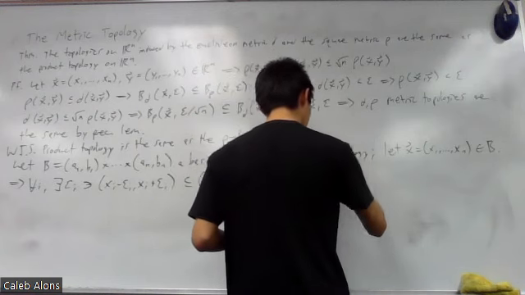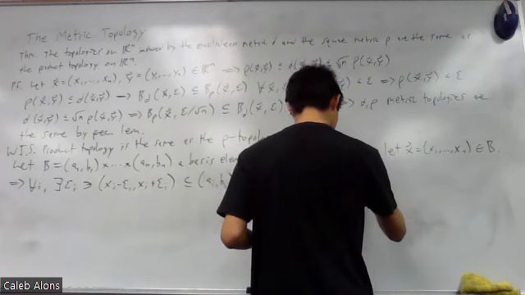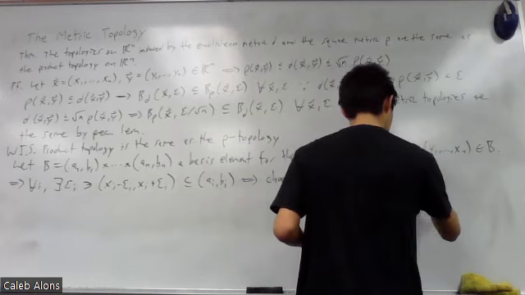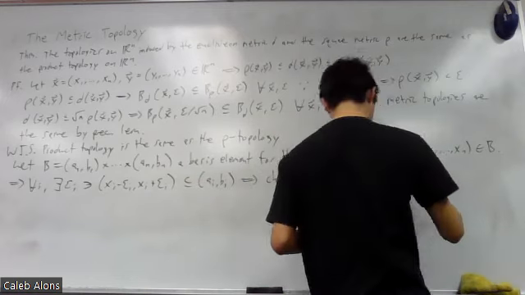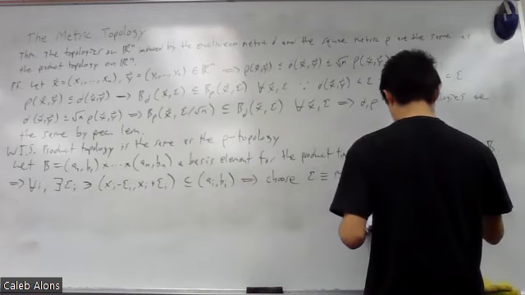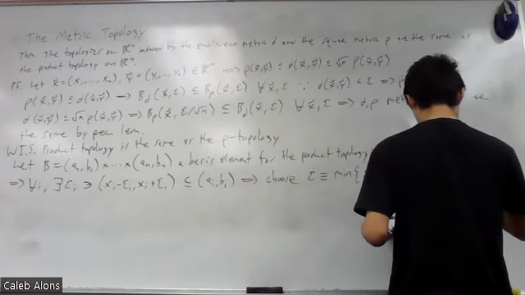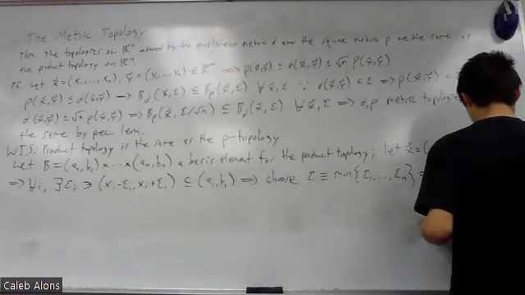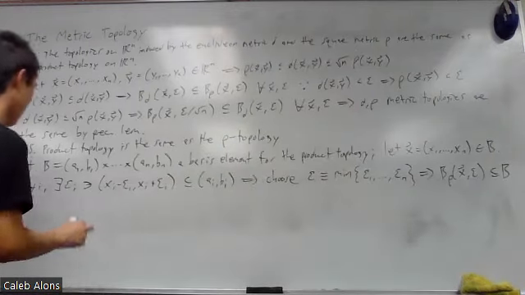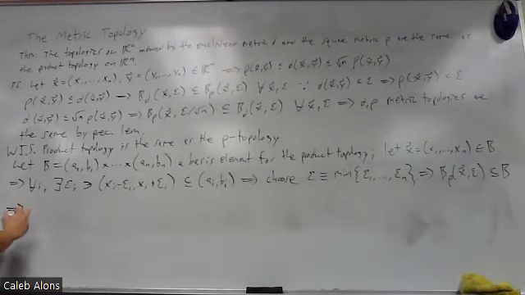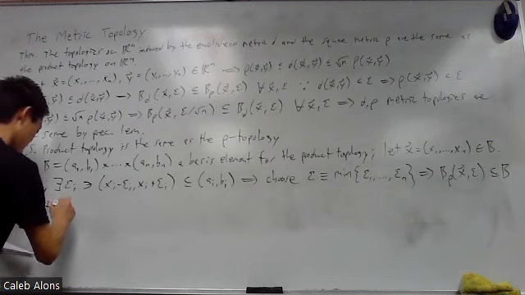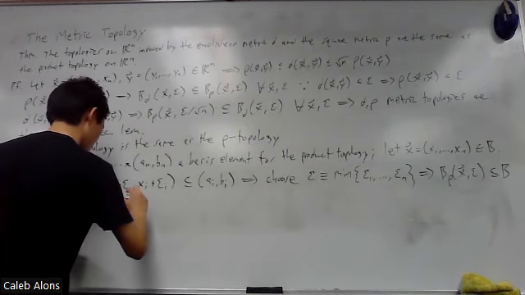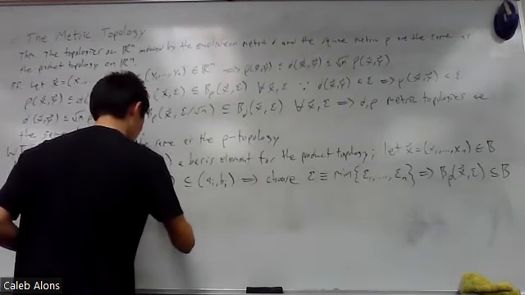So if we define epsilon to be the minimum of epsilon 1 through epsilon n, then the ball for rho x with epsilon is a subset of the basis element. And so that's going to tell us that the rho topology is finer than the product topology.